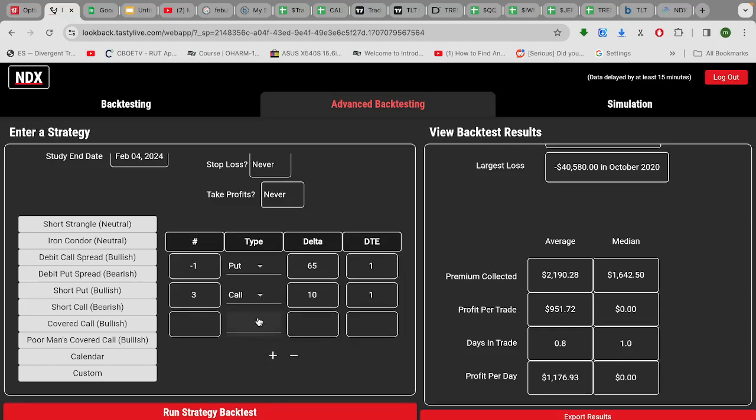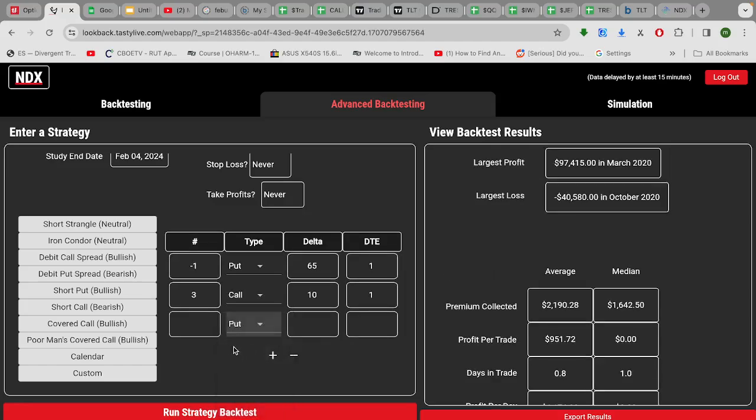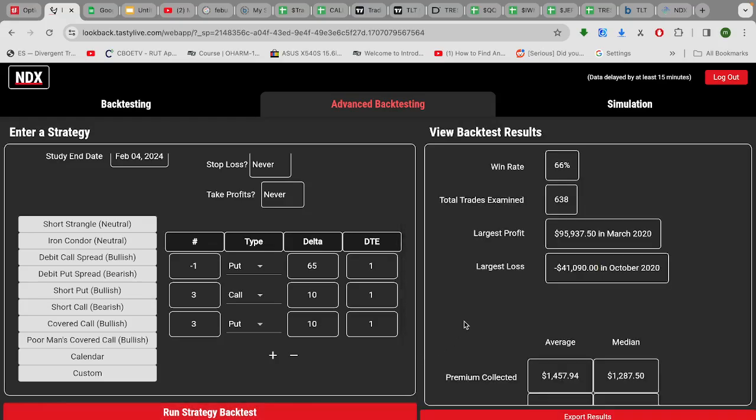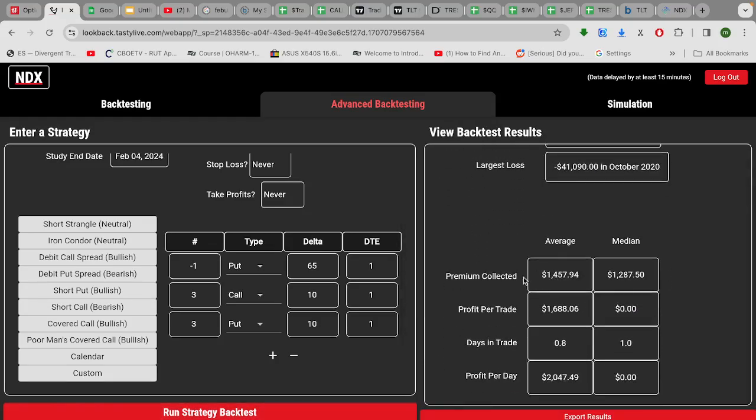And then let's add the put in there, or the 3 puts at the other end. Not much premium, more profit.